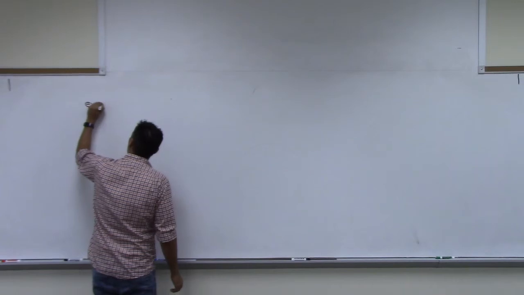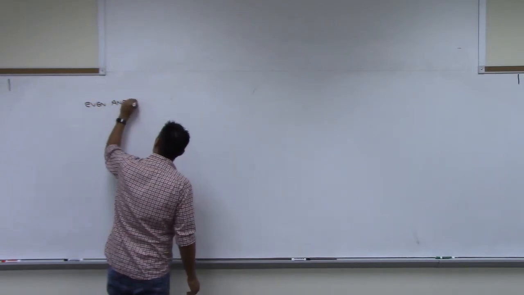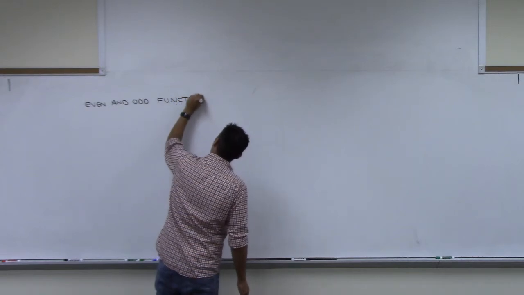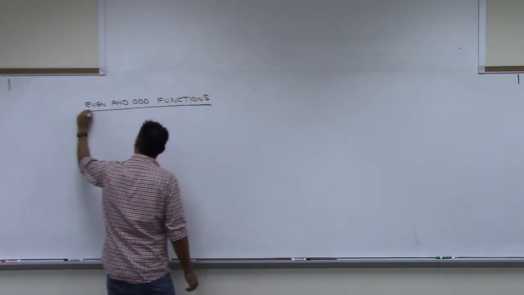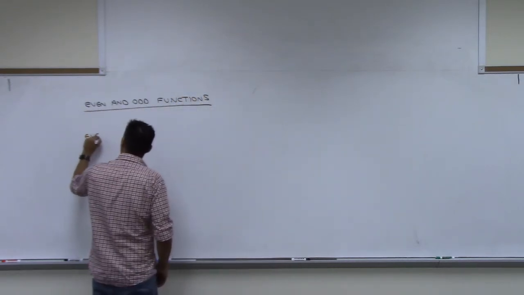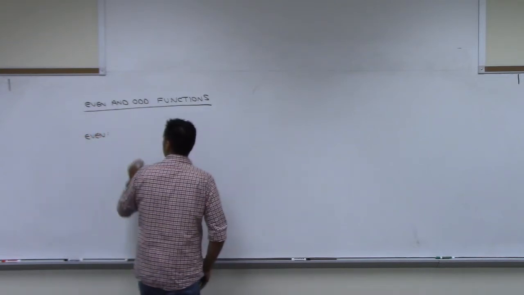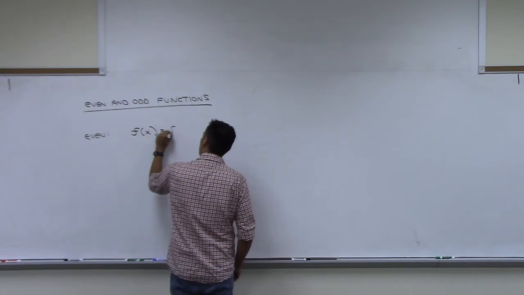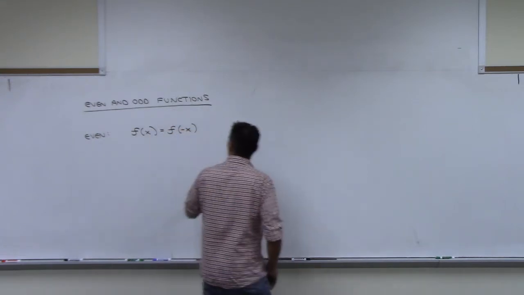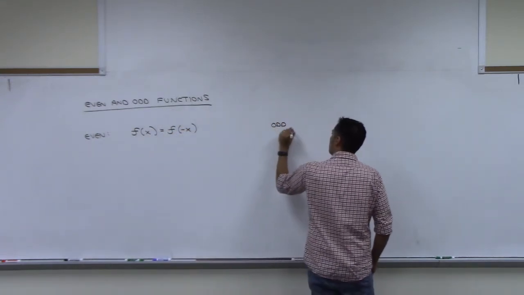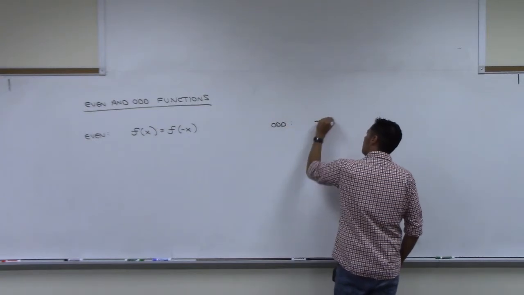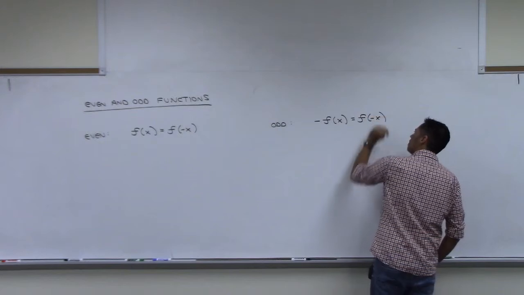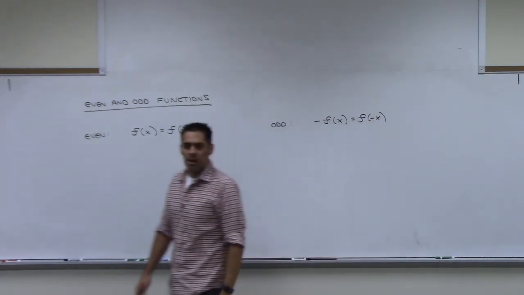Even and odd functions. Okay, even functions. A function is said to be even if f of x equals f of negative x. A function is said to be odd if negative f of x equals f of negative x. Okay, these are definitions from college algebra.